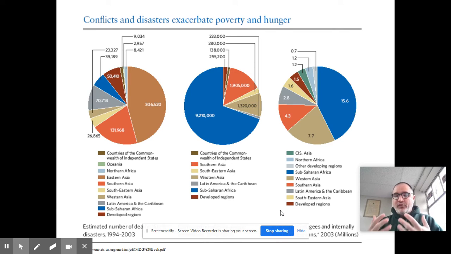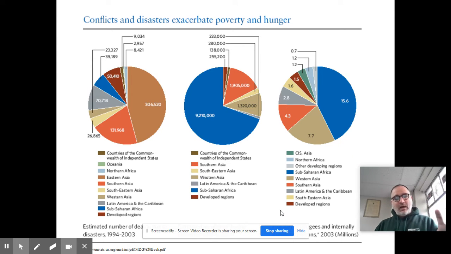What accounts for that growth is conflict, refugees, and natural disasters. So these three charts, the first one you see here on the left is about natural disasters.